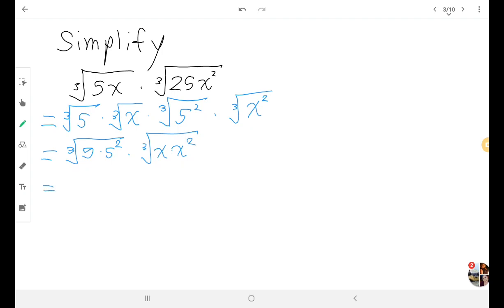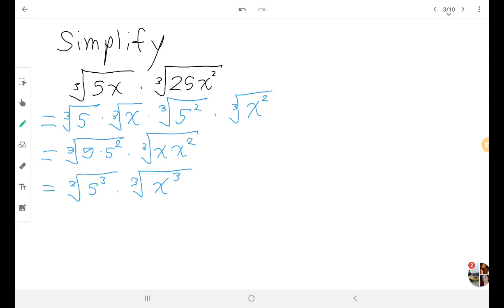And 5 times 5 squared is the cube root of 5 cubed. 5 times 5 to the second is 5 to the third. Times the cube root of x times x squared is x to the third.